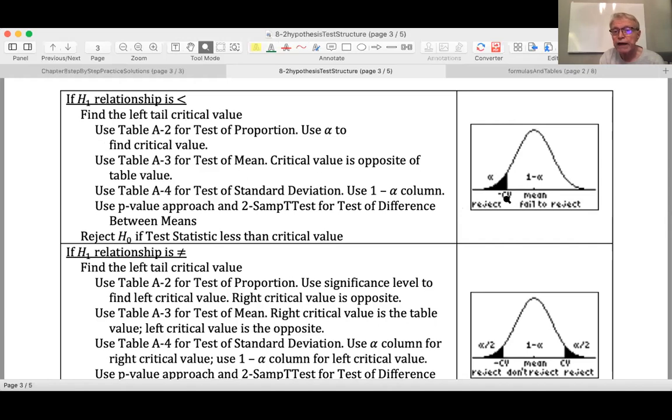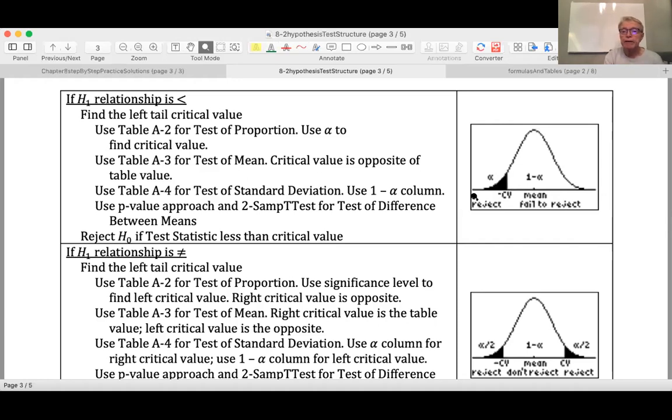And that critical value will separate all the values of the random variable into those for which we will fail to reject, which are closer to the mean, and those beyond on the other side, for which we will reject. So any test statistic value over here would cause us to reject the null hypothesis.